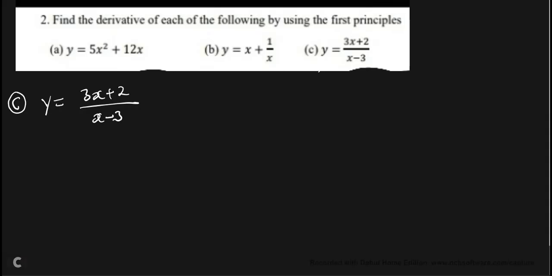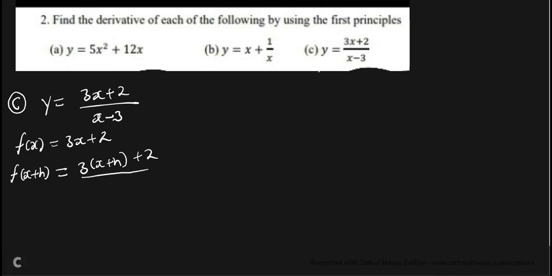Now, the first thing that you do there is you find f of x, which is 3x plus 2. Then the next thing is f of x plus h, which is 3 times x plus h plus 2 over x plus h minus 3, like that, right?